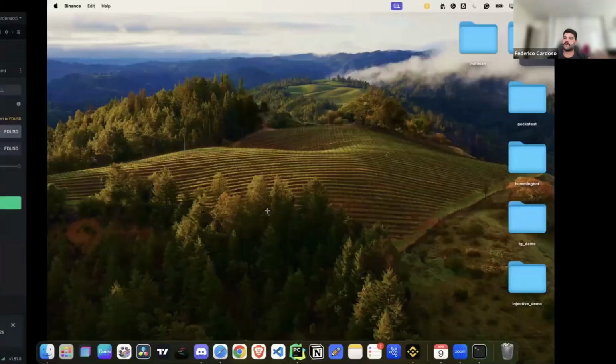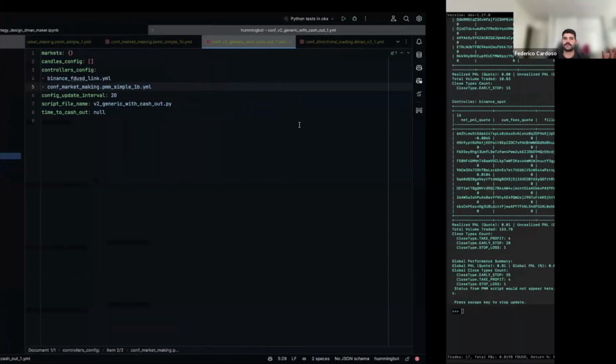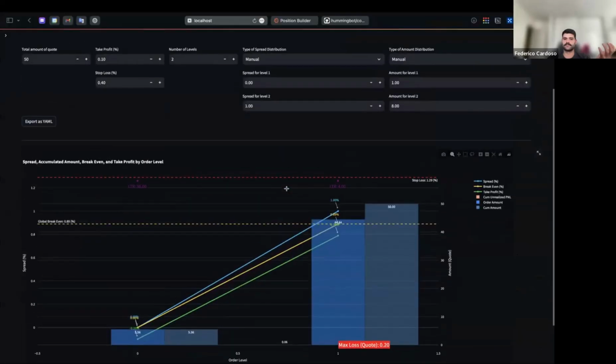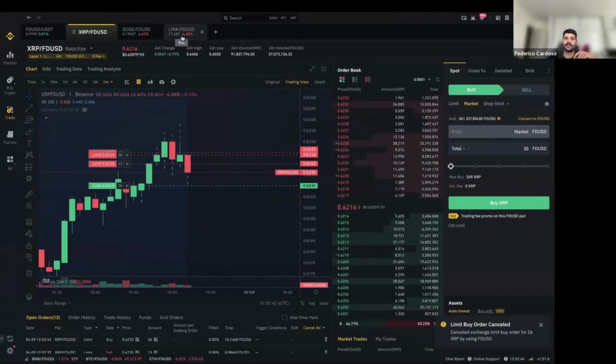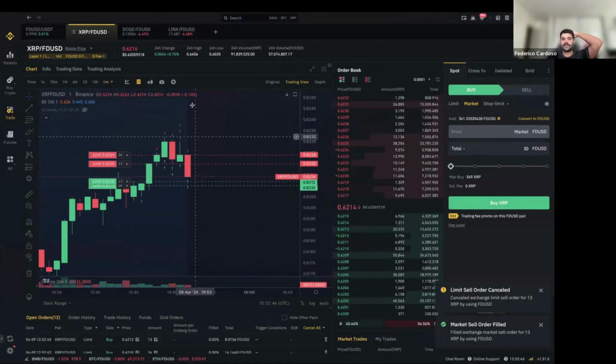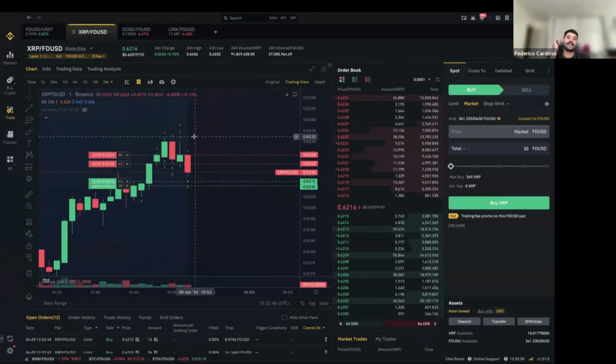When we want to set up the spreads, we have some tools. For example, this is the tooling that I am using to define my position. In this case, on FDUSD or Link, we are using a new component called the DCA executor.